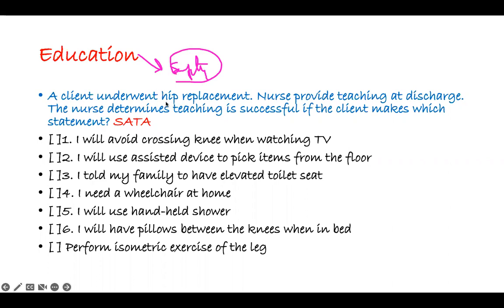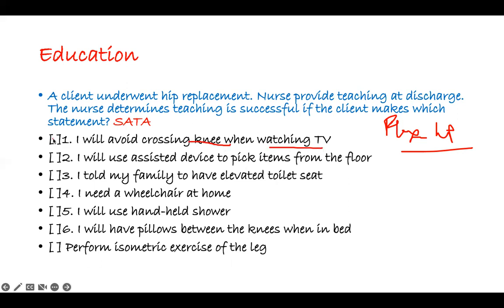A client underwent hip replacement. The nurse provides teaching at discharge. The nurse determines teaching is successful if the client makes what statement? I will avoid crossing my legs when sitting watching TV. Yes, it's good. I will use an assistive device to pick items from the floor.